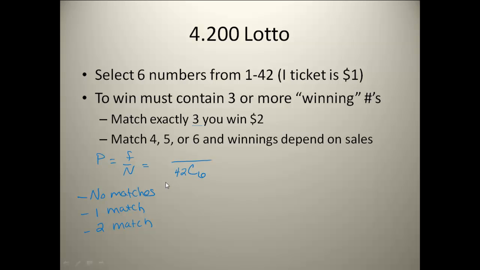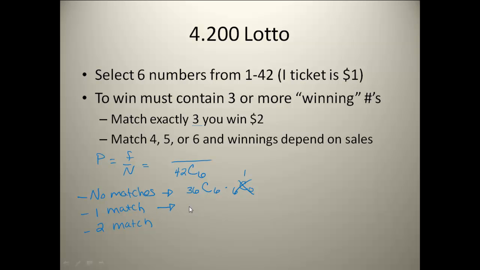So for no matches, the ways we can get no matches, we would have to have 36 choose 6, because we're picking all losers, and we have to pick 6 losers. Now, technically, we would still have 6 winners, but we're going to pick 0 of them, and this turns out to be a 1. So we can kind of ignore that for this particular example.